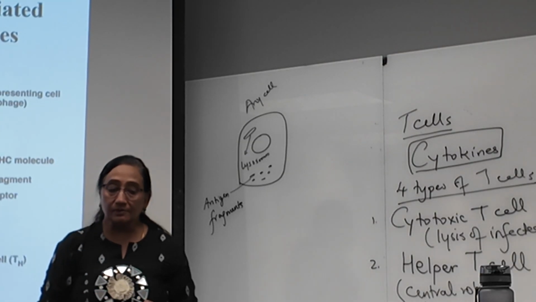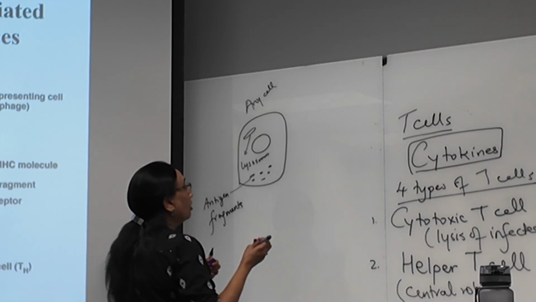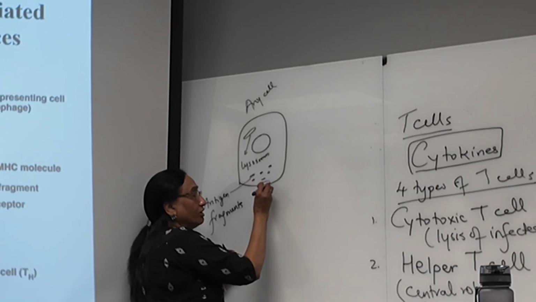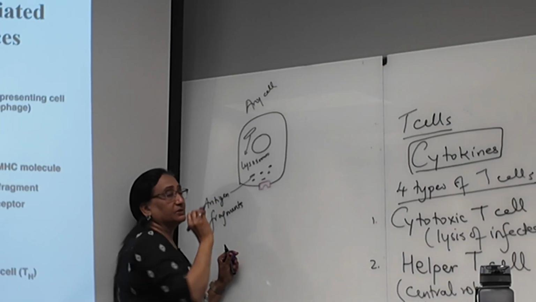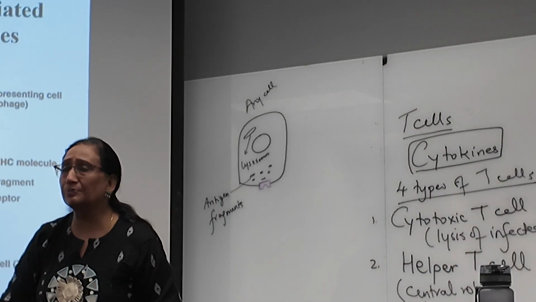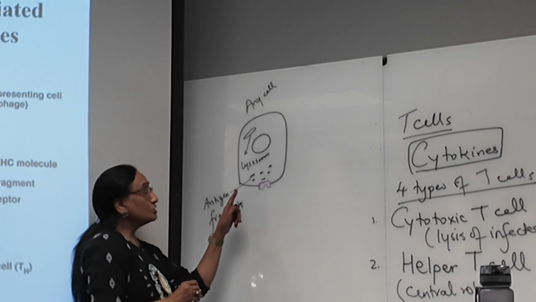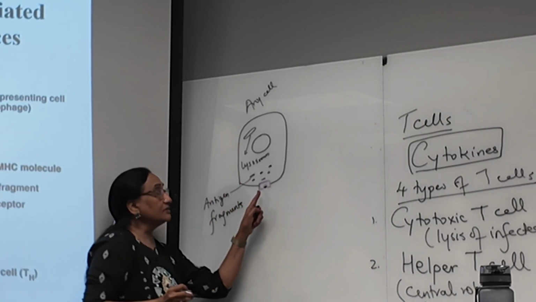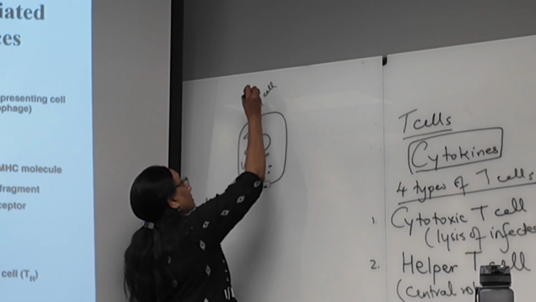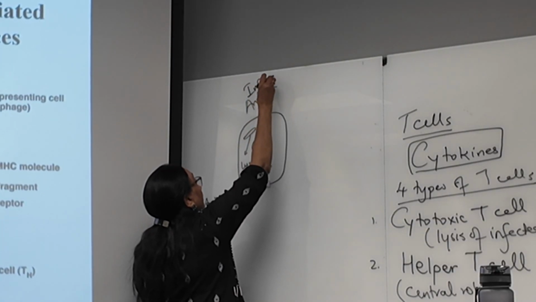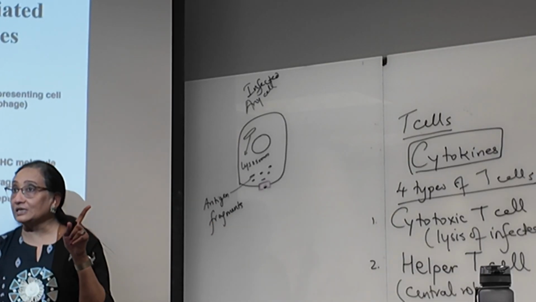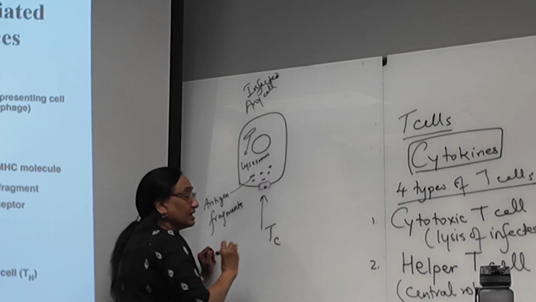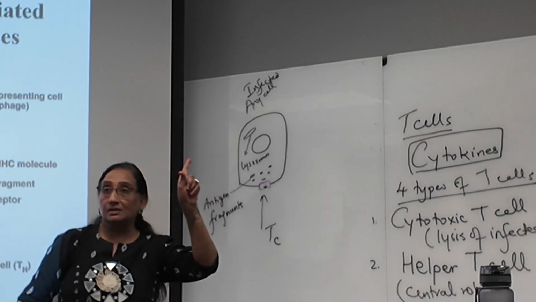These antigen fragments will be exposed on the surface of the cell, on a cell membrane receptor, because your cell membrane has lots of proteins which function as receptors. So this antigen fragment will be exposed on the surface of the infected cell. When it is exposed like this, the T cell can recognize it and destroy this cell completely.